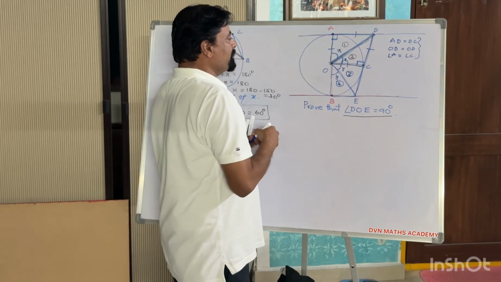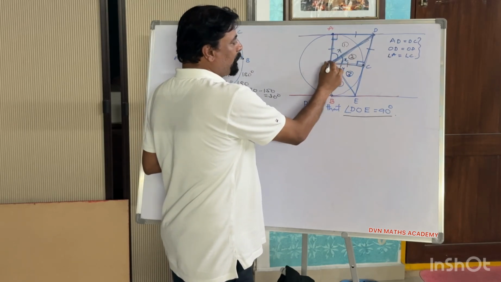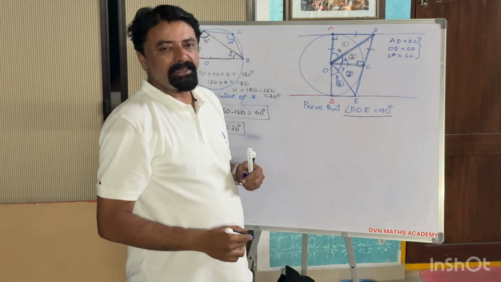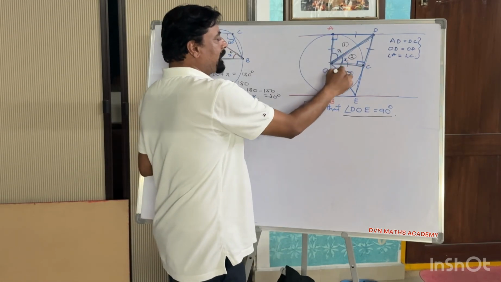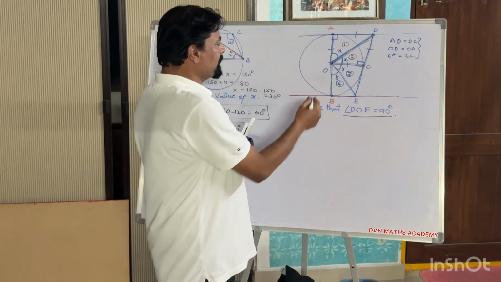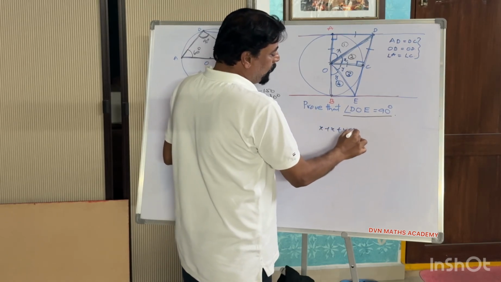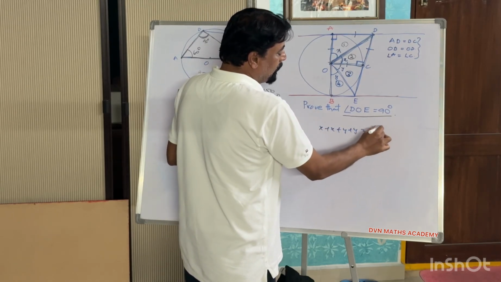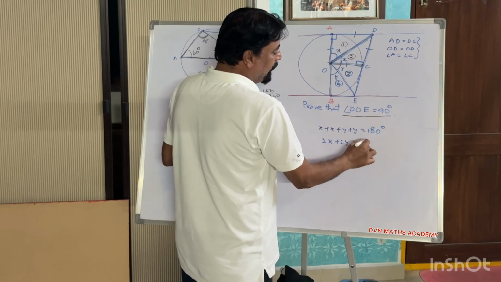And in the question it is mentioned that AB is a straight line passing through the center. Therefore, in any straight line, the sum of all angles will be equal to 180 degrees. Through this figure, we can write x plus y plus x plus y is equal to 180 degrees, and 2x plus 2y is equal to 180 degrees.